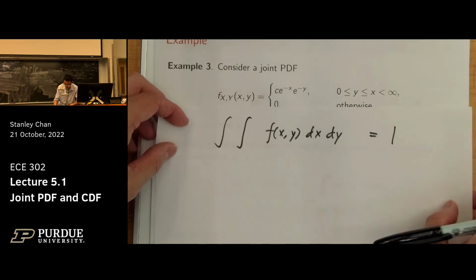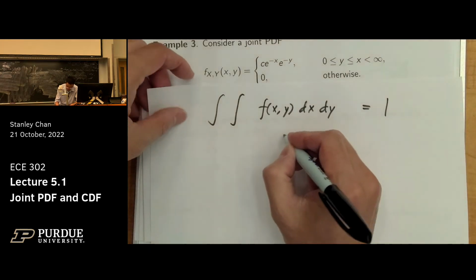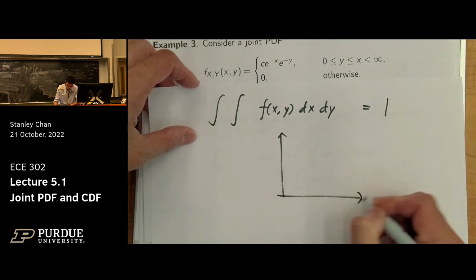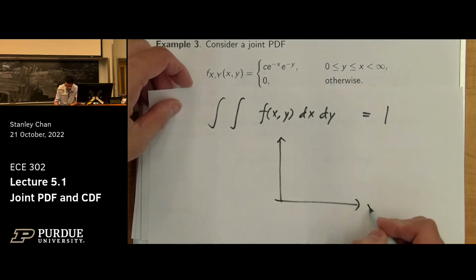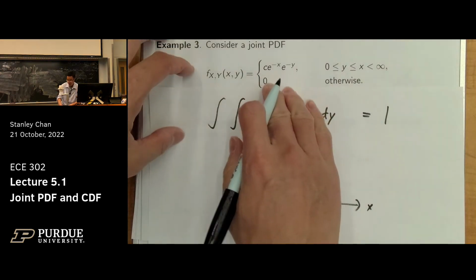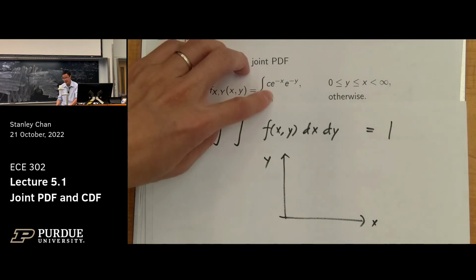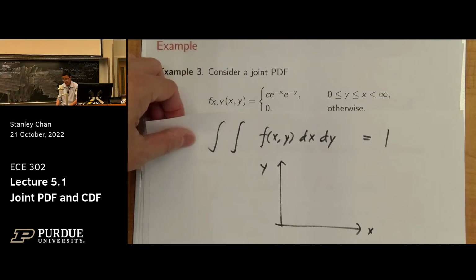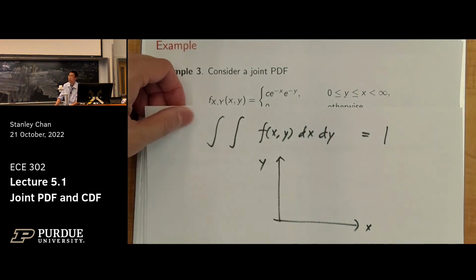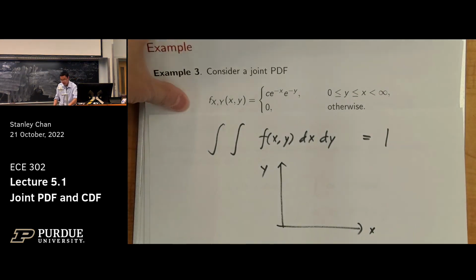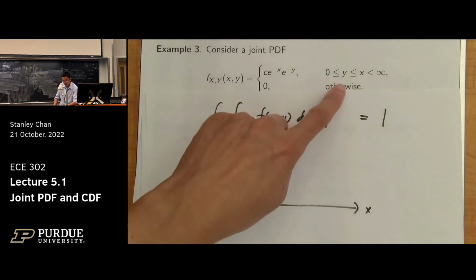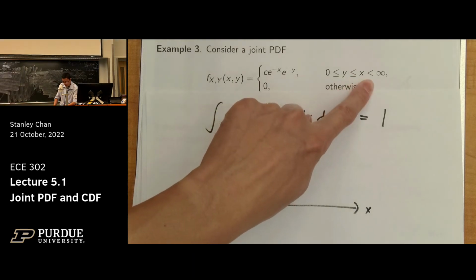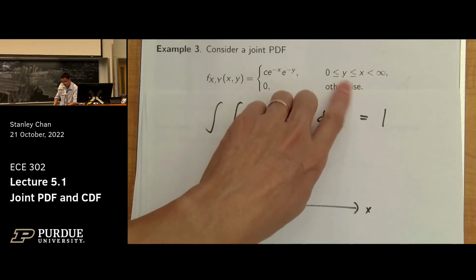What is the shape of this distribution? Well, we need to draw a two-dimensional diagram. So this is x, this is y. You don't need to worry about the exact formula here; this is just a definition of your x, y. We need to worry about the range. The range says that your x will go from 0 to infinity, your y will go from 0 to infinity.